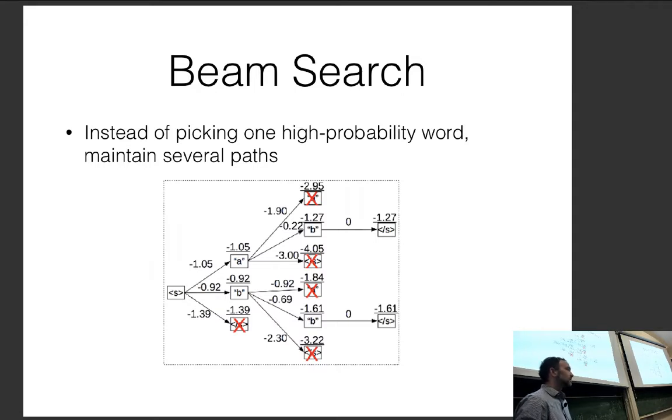So the comment was another reason why you couldn't use the forward-backward algorithm or something like this is because the complexity is quadratic in the size of the label space that you're predicting, and if your vocabulary is very large, that could become infeasible, and that's also true. Yeah. These are all very good questions and comments. If there are other ones, I can field them, but otherwise I can move on.